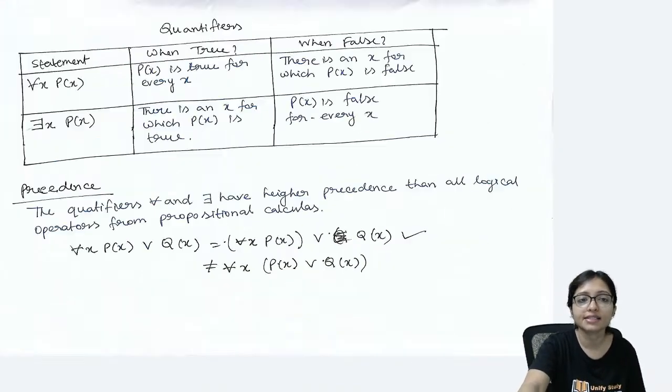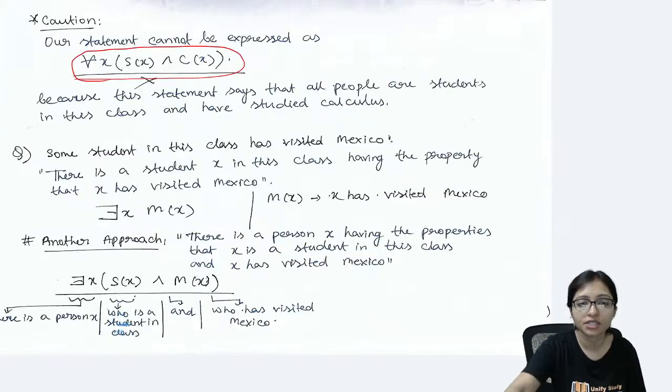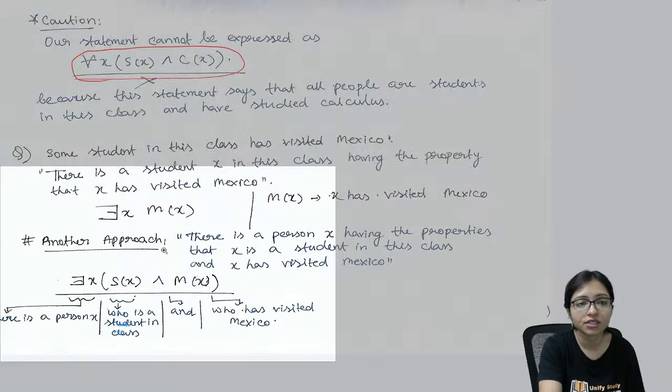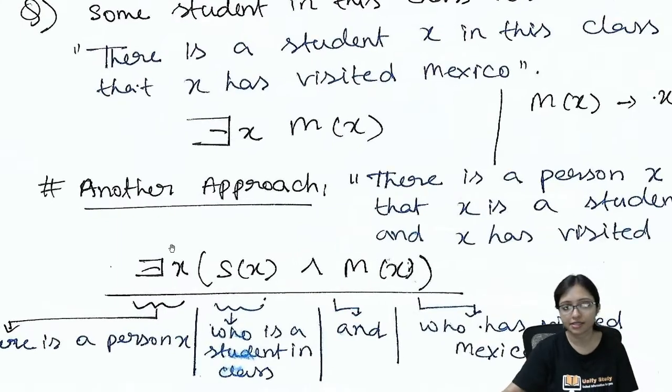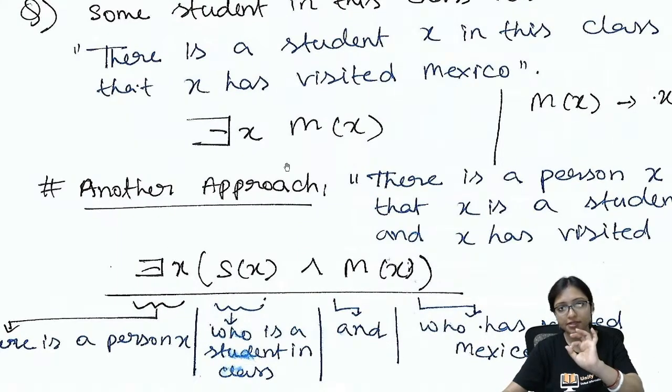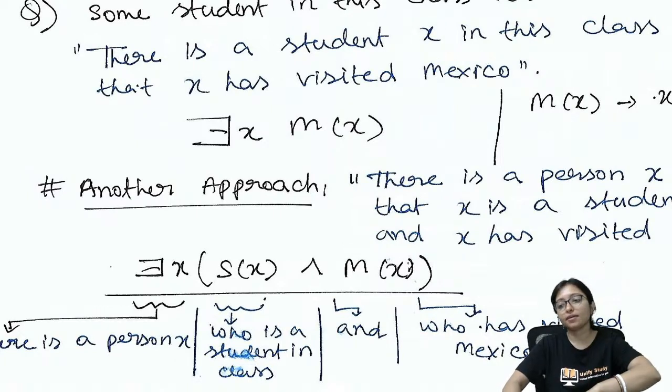And with the there exist, in the same way, whenever we write there exist x, M(x), there are students who visited Mexico, then we can write it with "and": there exist x, S(x) and M(x).